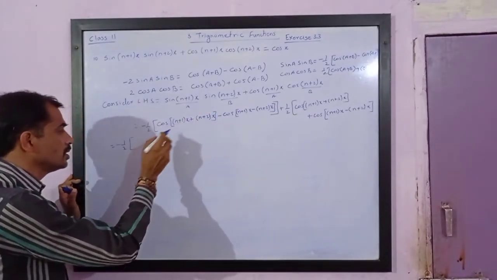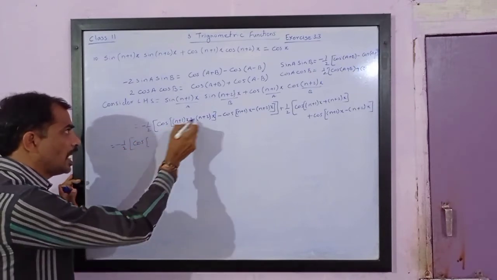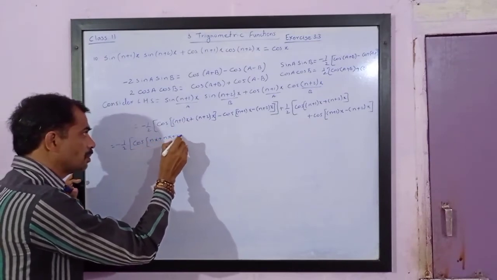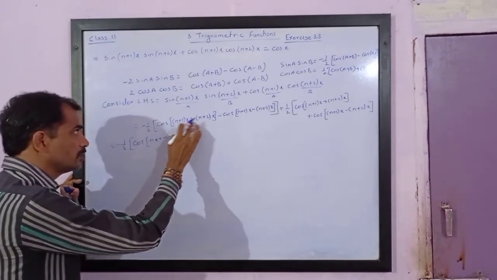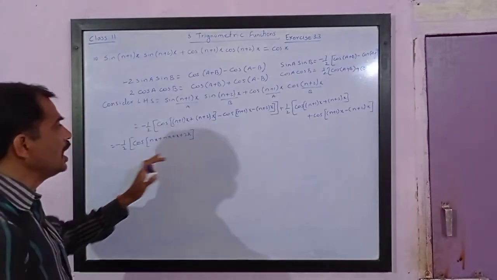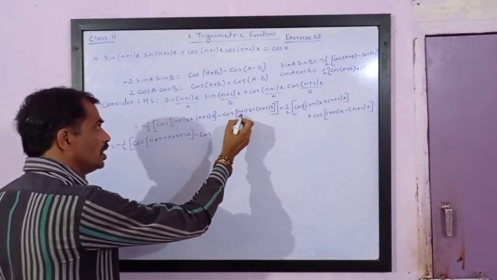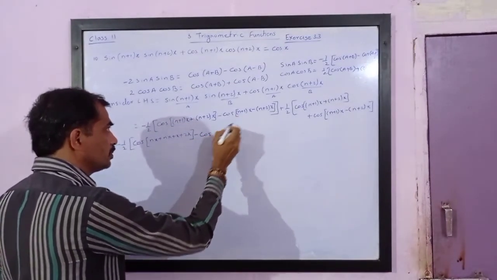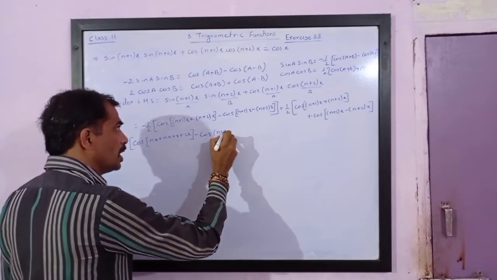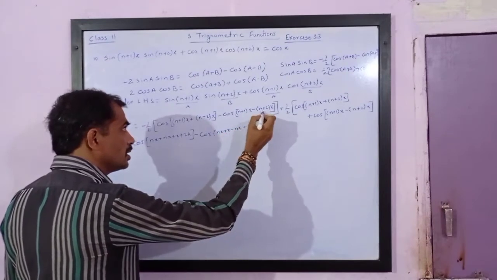So this becomes cos of (nx plus x plus nx plus 2x), and minus cos of (nx plus x minus nx plus 2x).